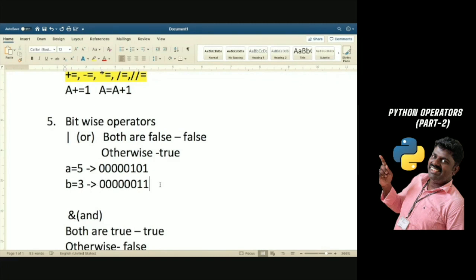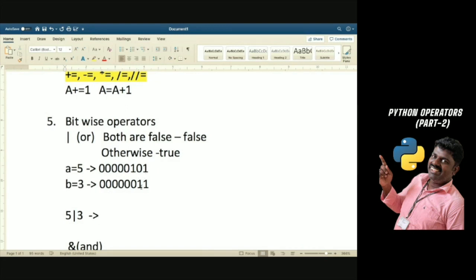Now we have to find 5 OR 3. For OR, if both bits are false the result is false, otherwise it will be true.